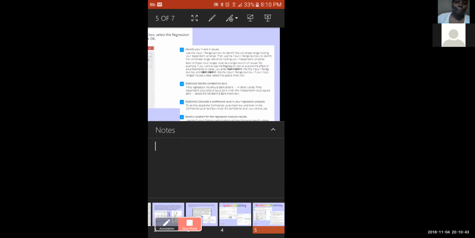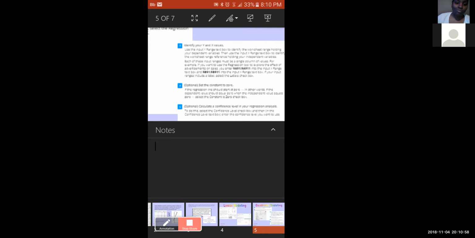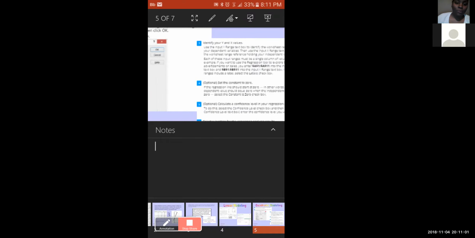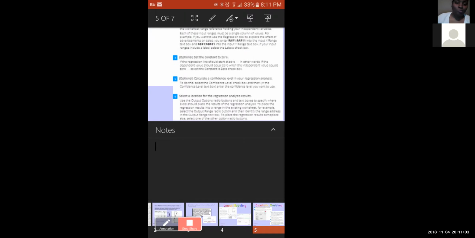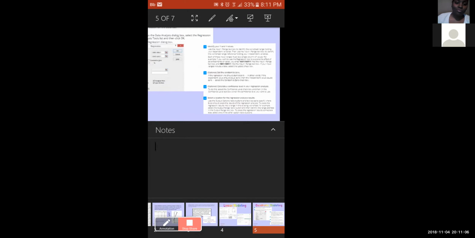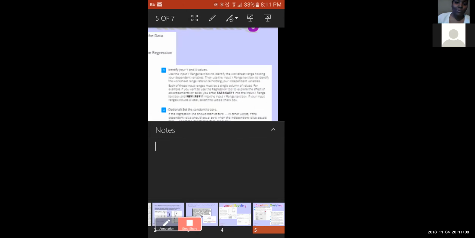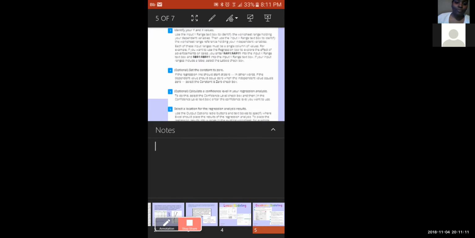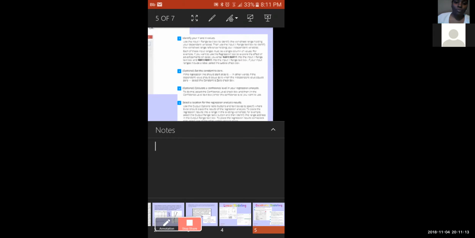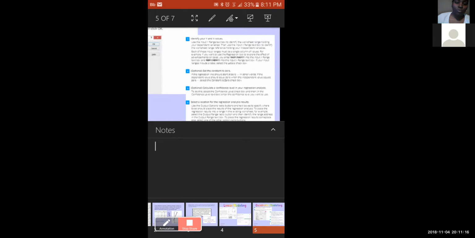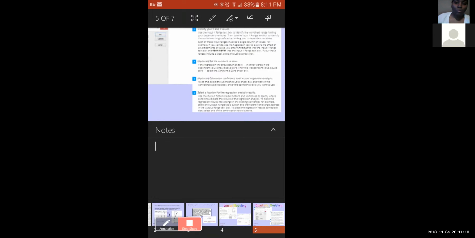And then you would input the y range text box, and then identify also your x range of how far you want it to go. And here are some examples of how to do that. And then selecting the constant is zero. You're looking for your zeros. Sometimes you're not going to have any limits.